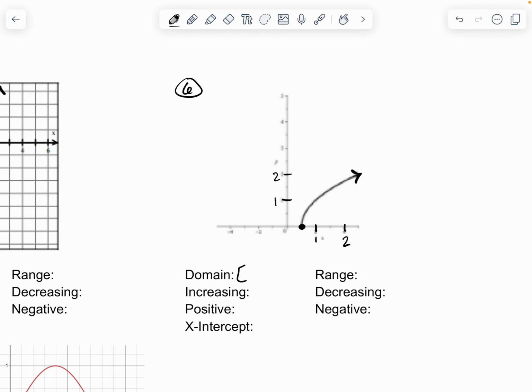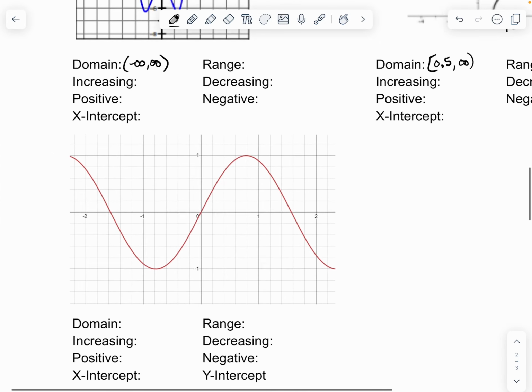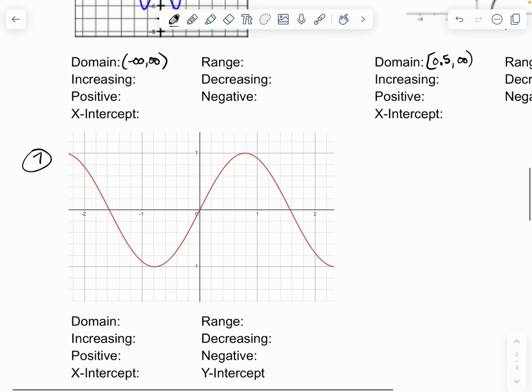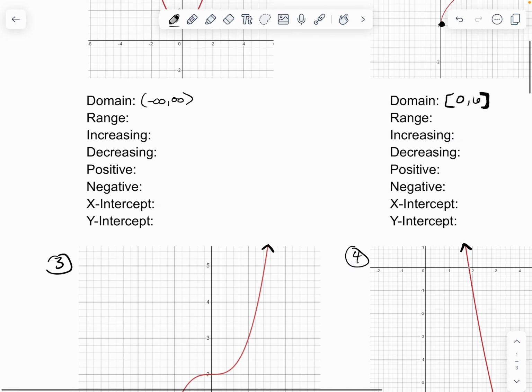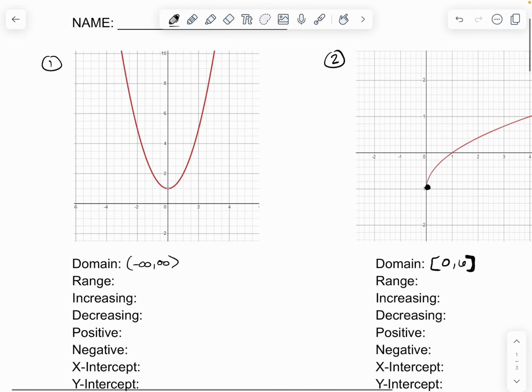So we said that domain should start at 0.5, and it goes to infinity. All right, number 7. This is never ending. So the domain is negative infinity to positive infinity for number 7 as well.